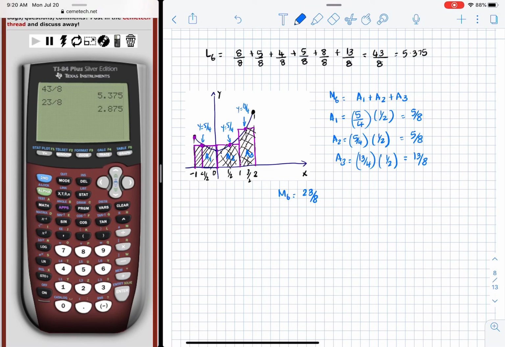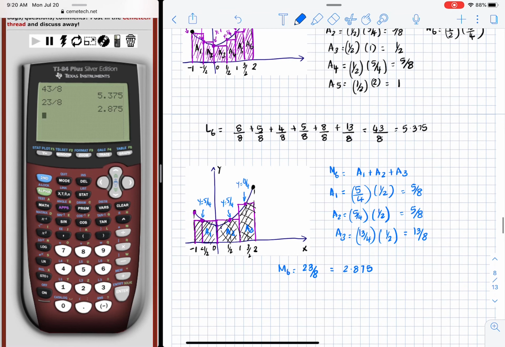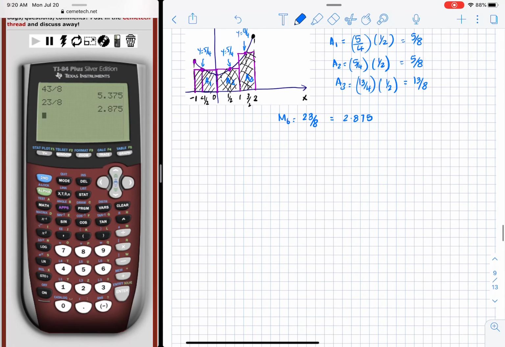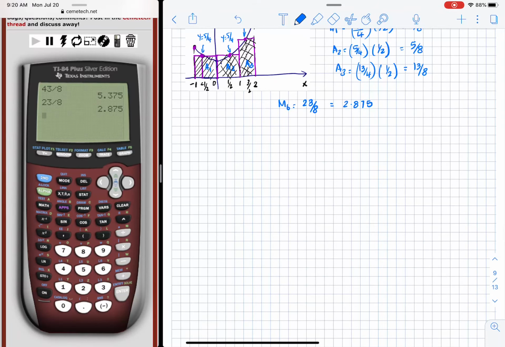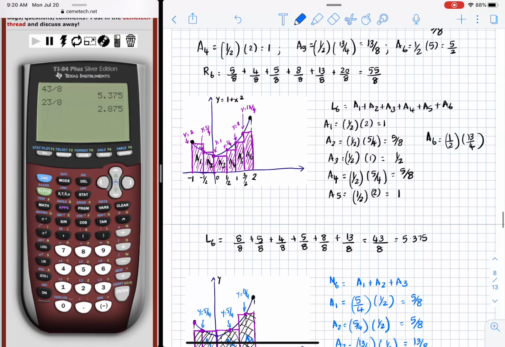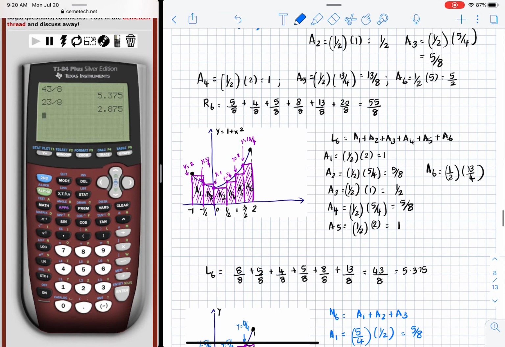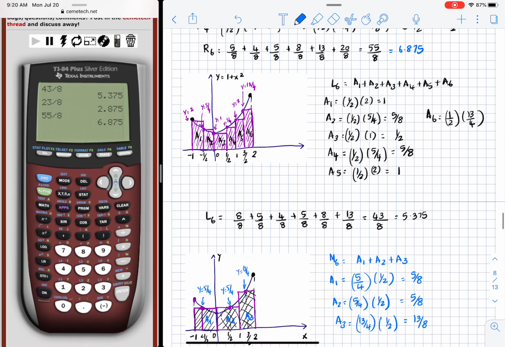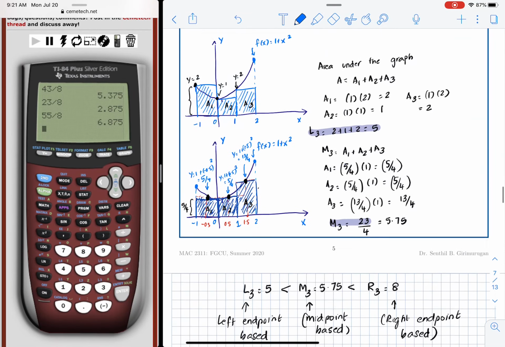I get 2.875. And the right sum here reduces to 6.875. Let's put all the values. Let's start with L3.